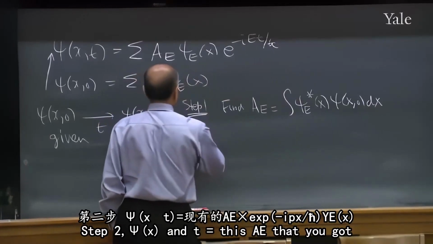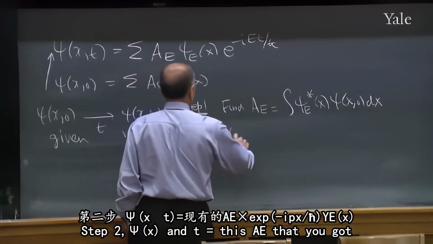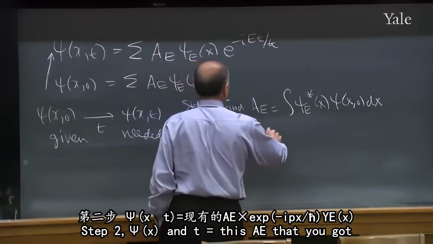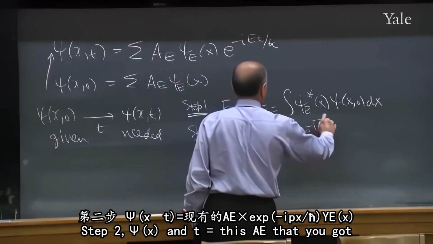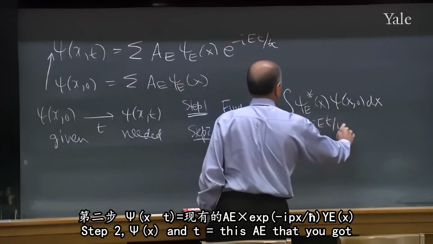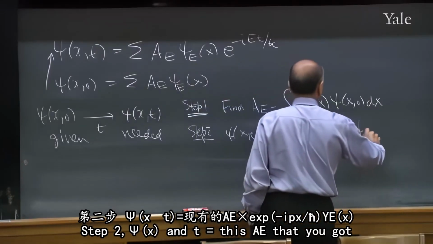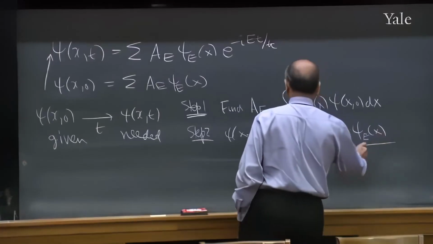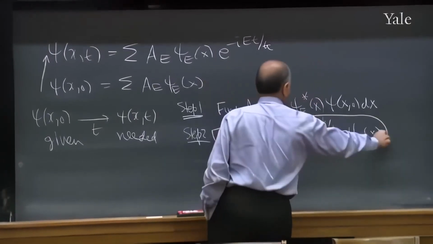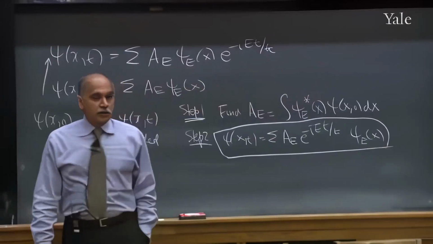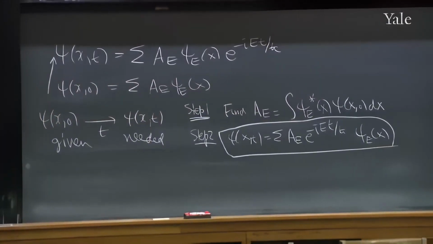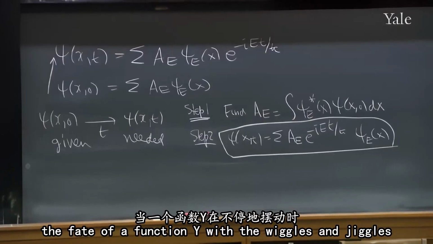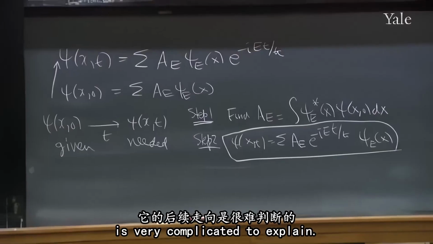And step 2, psi of x and t is equal to this a sub E that you got times e to the minus i E t over h bar times psi sub E of x. So what I'm telling you is the fate of a function psi with wiggles and jiggles is very complicated to explain.